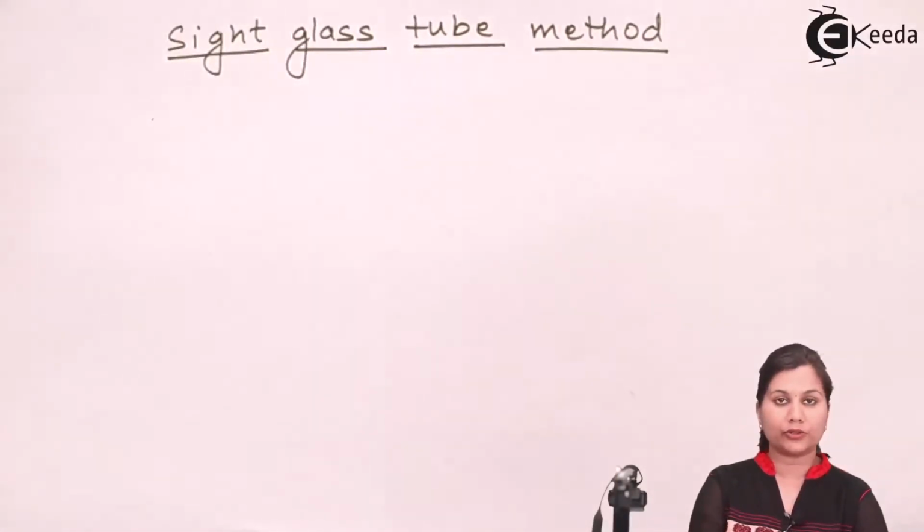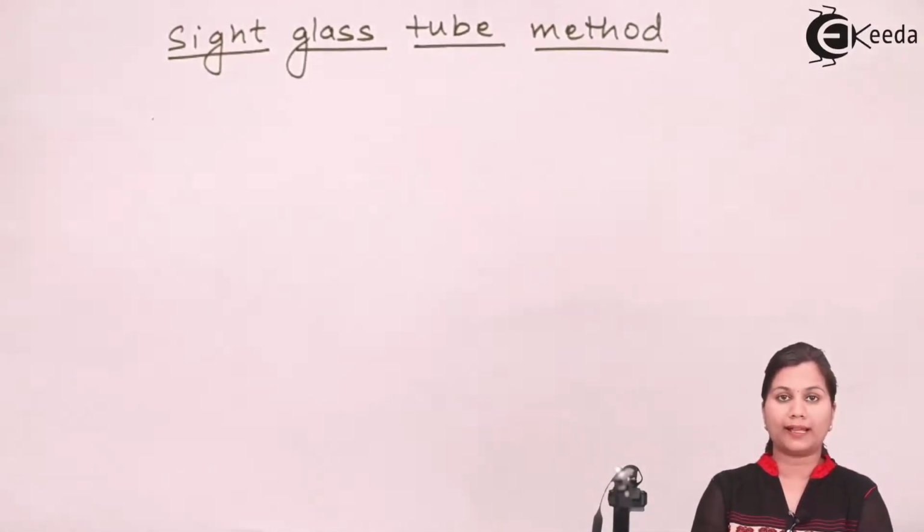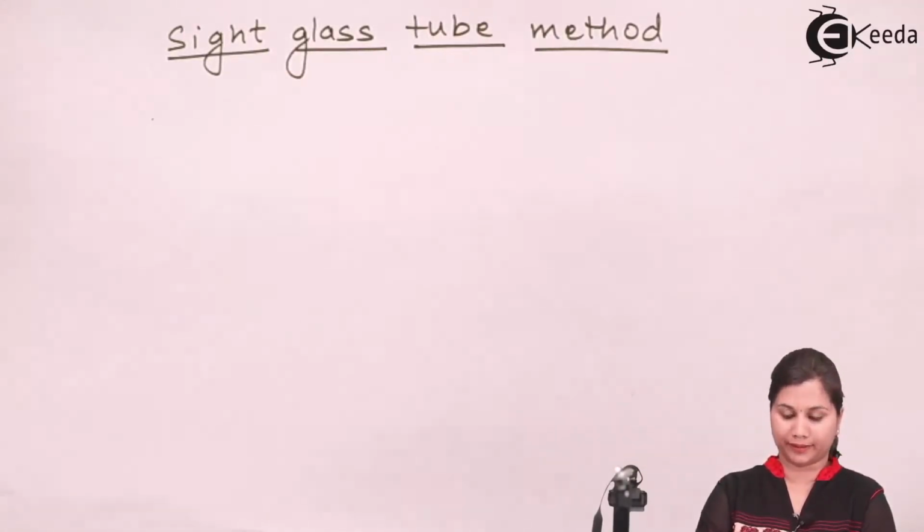The sight glass tube method is also known as the gauge glass method, and this method is used for liquid level measurement.